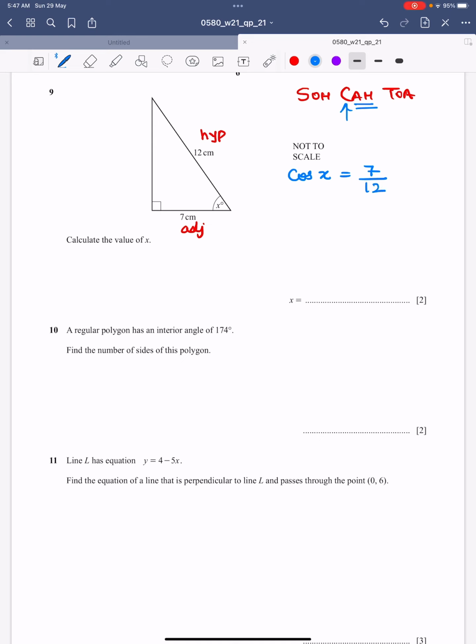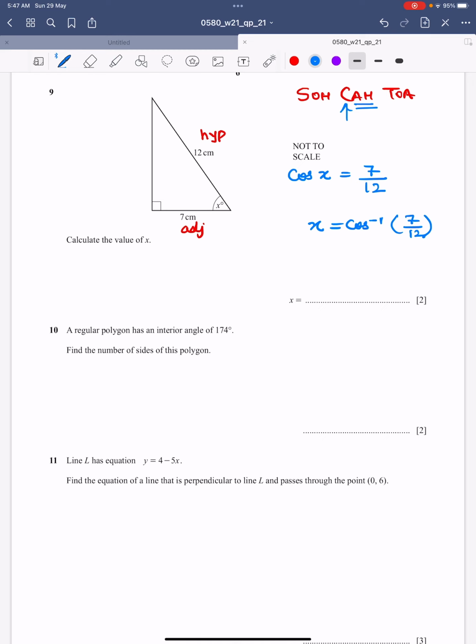We need to find the angle x, so angle x has to be alone. So we need to push the cos to the other side. When cos goes to the other side, it becomes cos inverse. x is equal to cos inverse of 7 divided by 12.